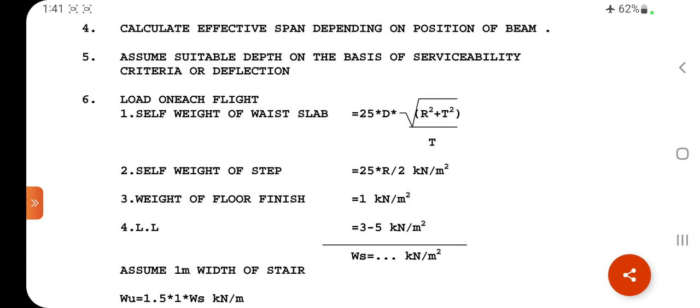Now, as in the case of the slab, the same we do over here. We assume unit width of the staircase.